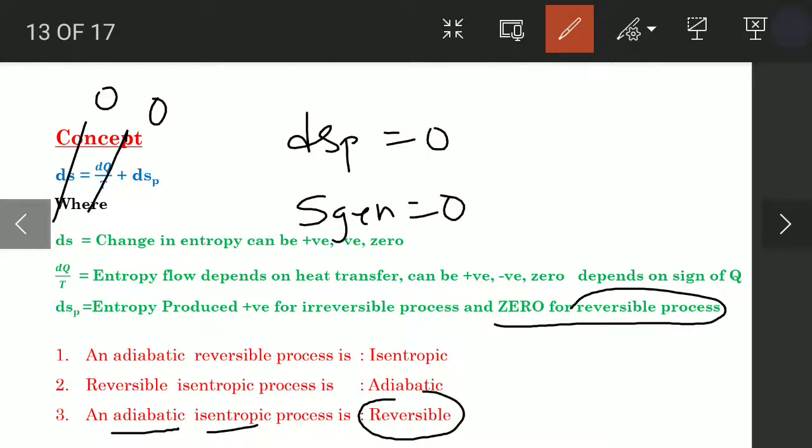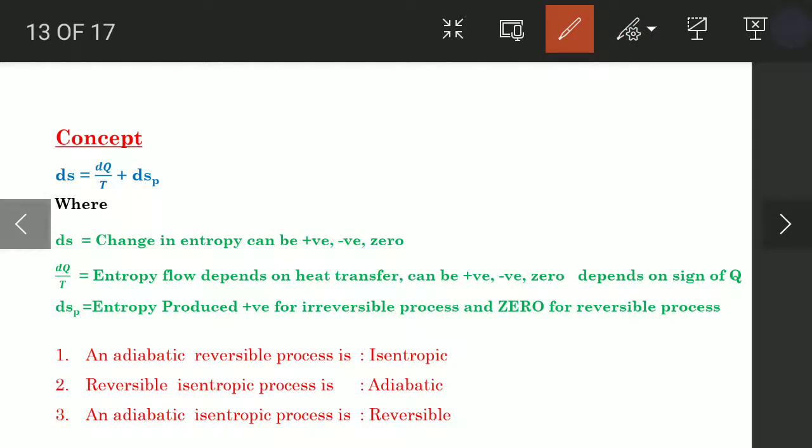Therefore, an adiabatic isentropic process is a reversible process. Now the question is whether a reversible process is an adiabatic process. Not true. Adiabatic reversible process is an isentropic process. So now based on this we have next few questions we will see.